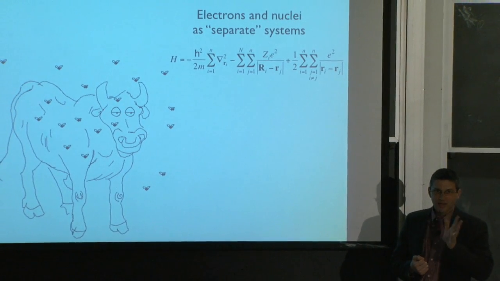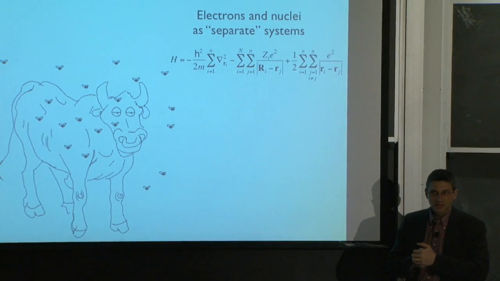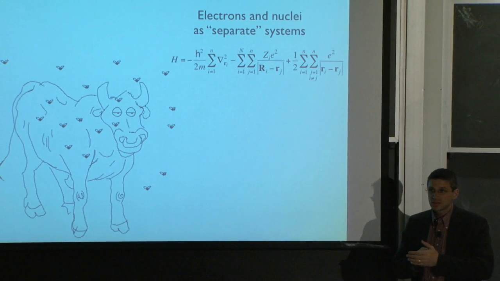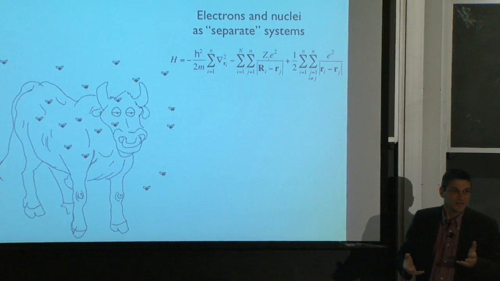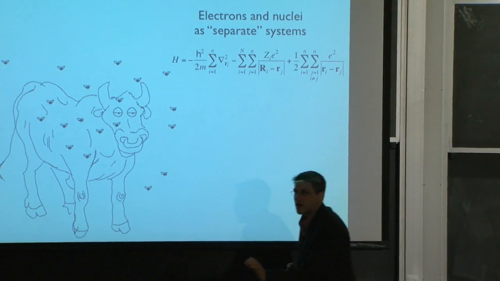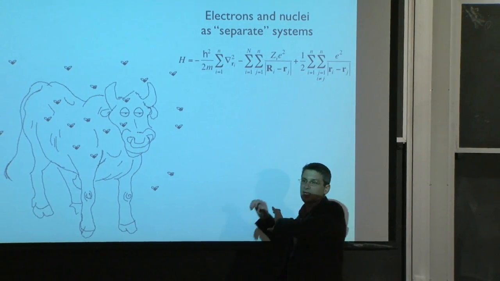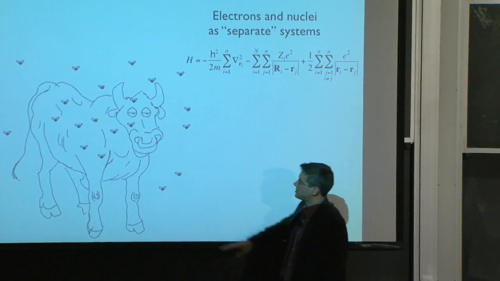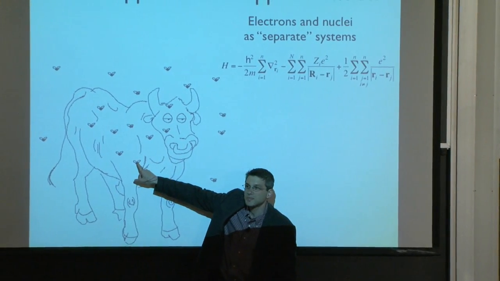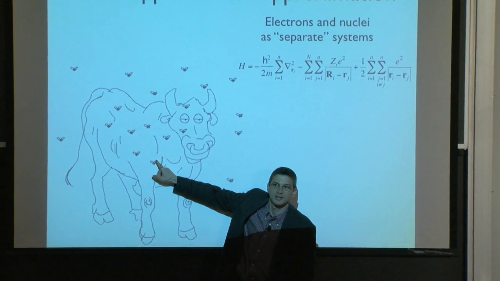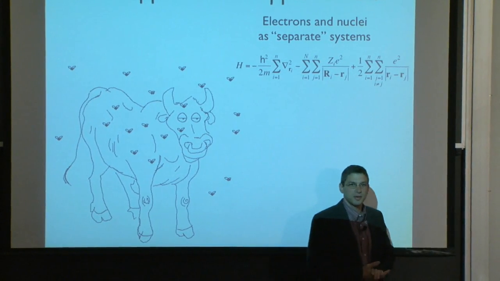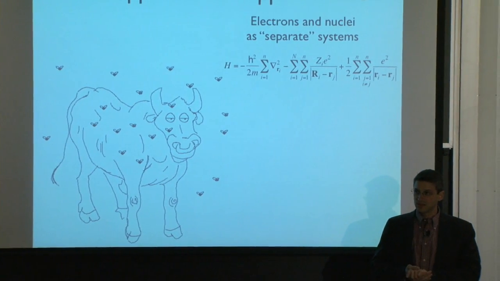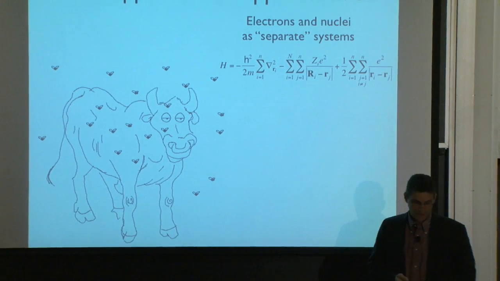How much lighter are they than the proton, or the nucleus? 1/2000. Yeah, it's like 1,000, right? So that's enough lighter that you can say, you know what, at any given time, it's a good approximation to say that this thing is pretty stationary with respect to these things buzzing around, okay? That's the Born-Oppenheimer approximation in cow-fly language.